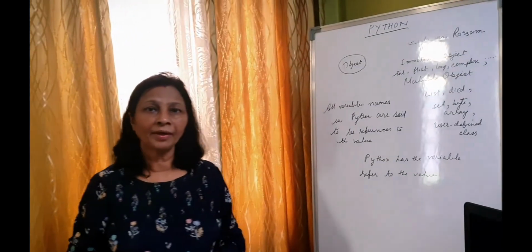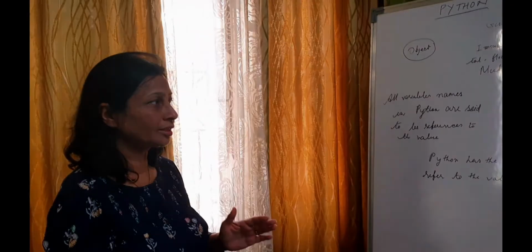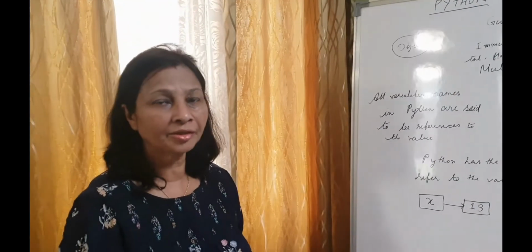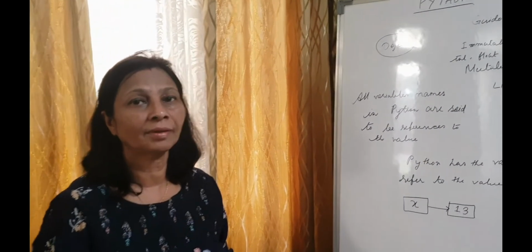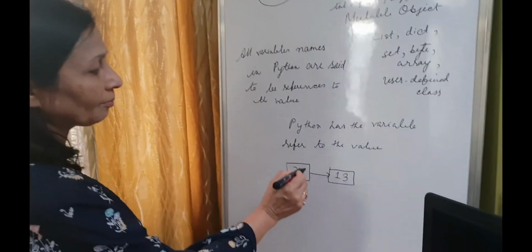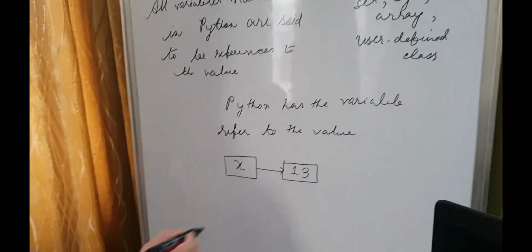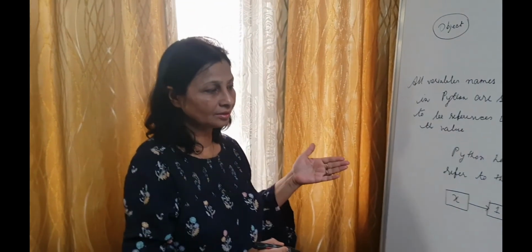So inside a Python program we are going to use some memory variables, and in Python the variable refers to the value. In the memory, suppose we take a variable, it refers to the value 13. Unlike in other languages, here the variable refers to the value.